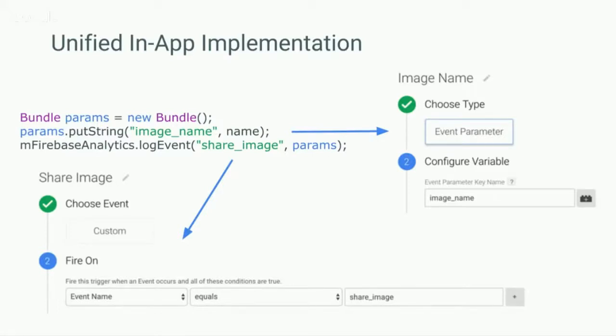So this is a really clean way to take that implementation that your developers, if you're a marketer, had done or yourself had done in your app for Firebase Analytics, and use it as a bridge to translate those events and those parameters and those user properties over to Google Analytics. So with that, let's take a look at the interface and see what this looks like in the product.